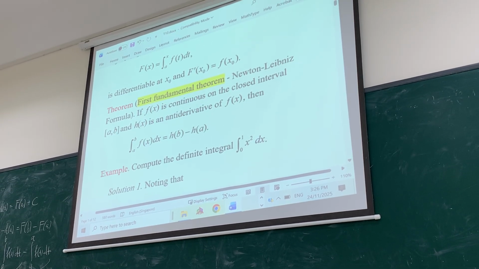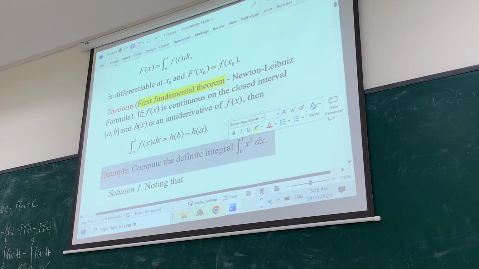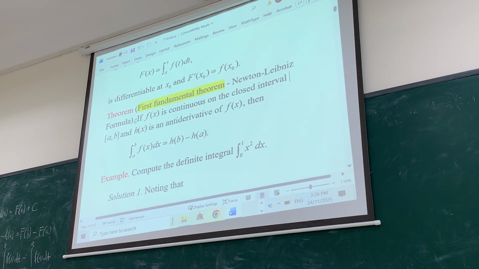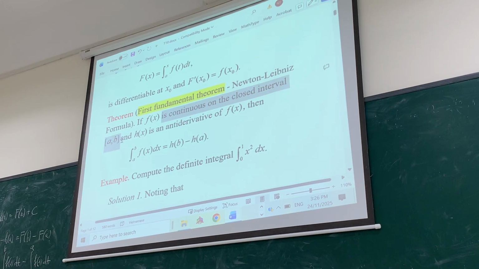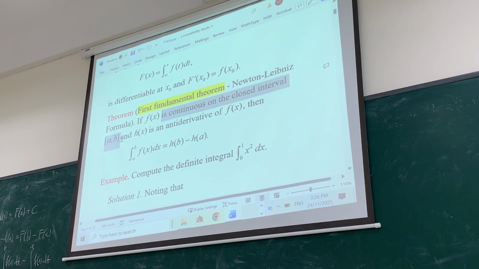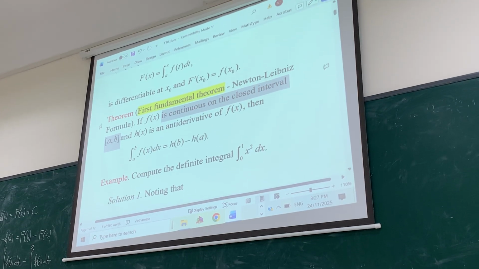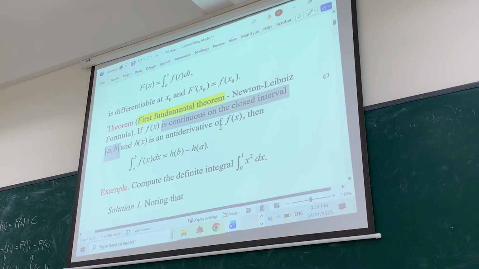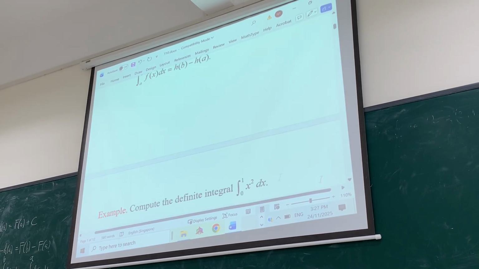The function f(x) is equal to x squared, which is continuous on the closed interval from 0 to 1. So the condition for the first fundamental theorem is satisfied. Now let's see solution one.